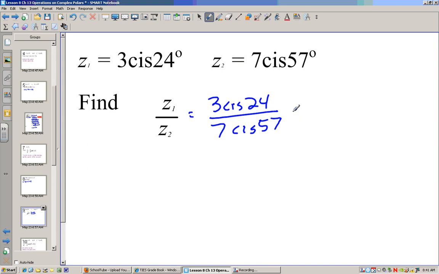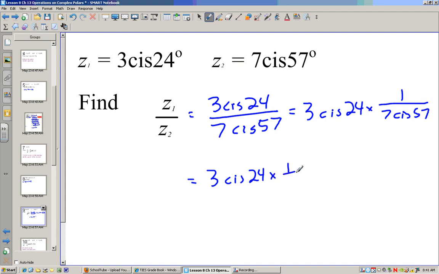Now division is really just multiplication. So what I can say is this is 3 CIS 24 times 1 over 7 CIS 57. Now we know 1 over 7 CIS 57 is just 1/7 CIS negative 57.